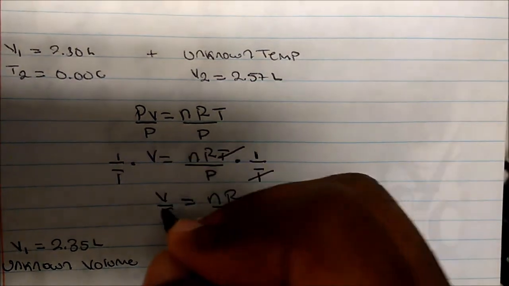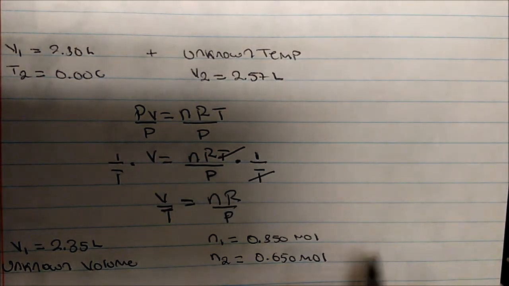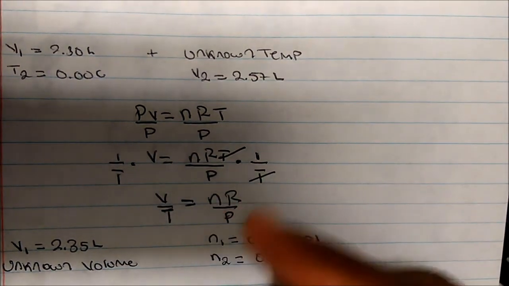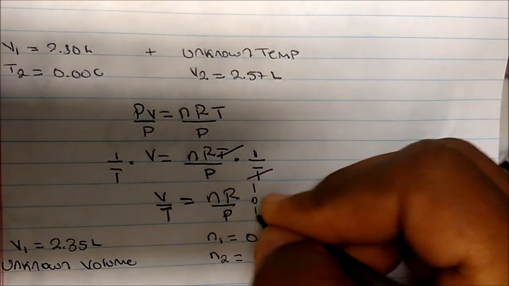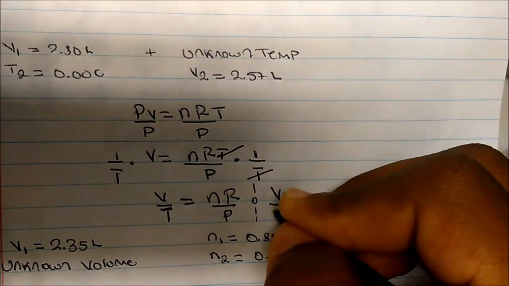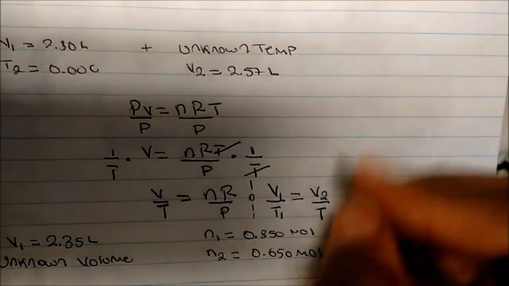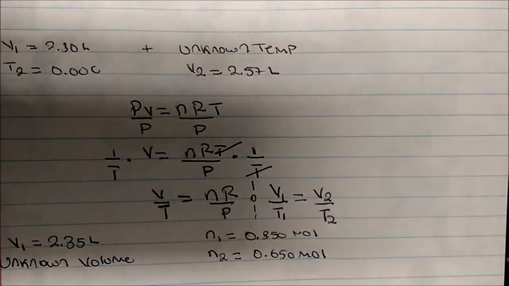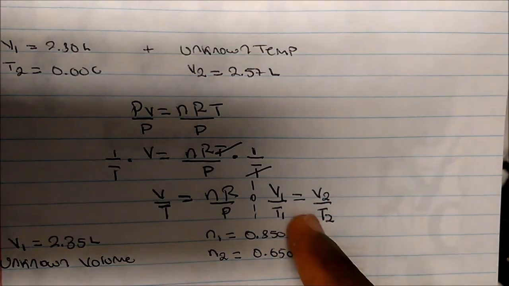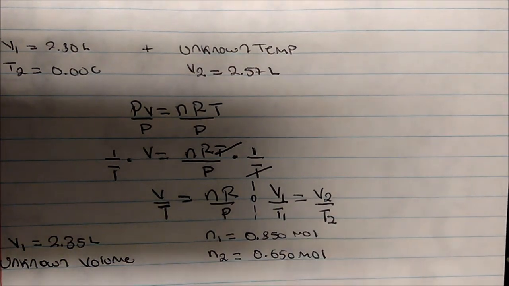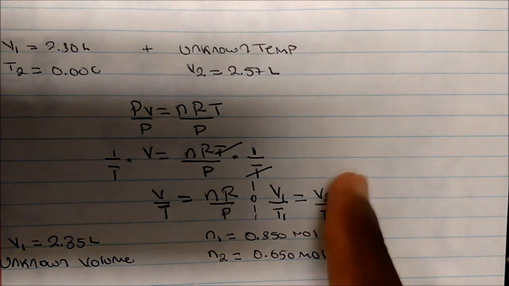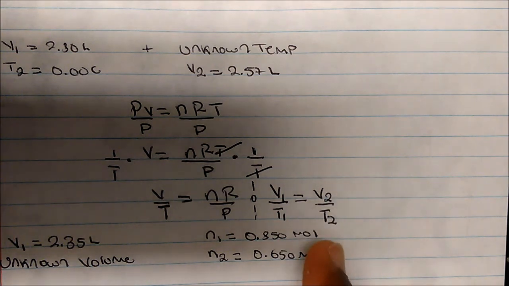In this case, notice that we get the volume and the temperature on the same side of the equation. So with that being said, I could drop everything. And so here's the rationale: V1 T1 is equal to V2 T2. And this is the formula that we would use. Now, obviously, we're solving for T1. And so we could do a little bit of manipulation here.